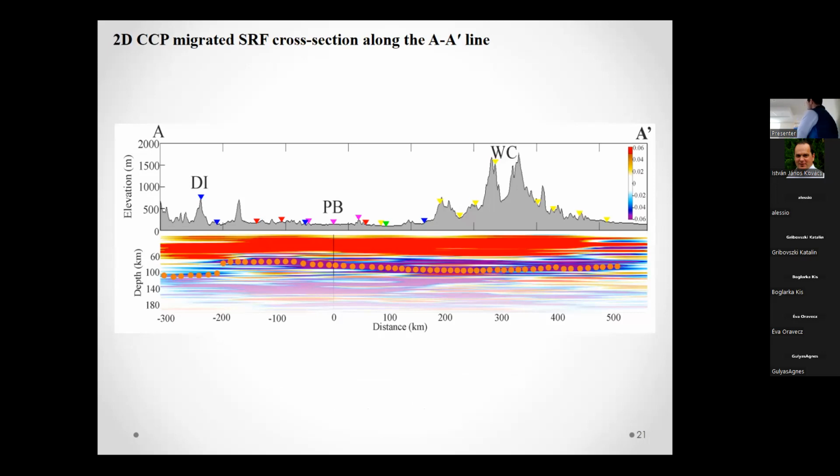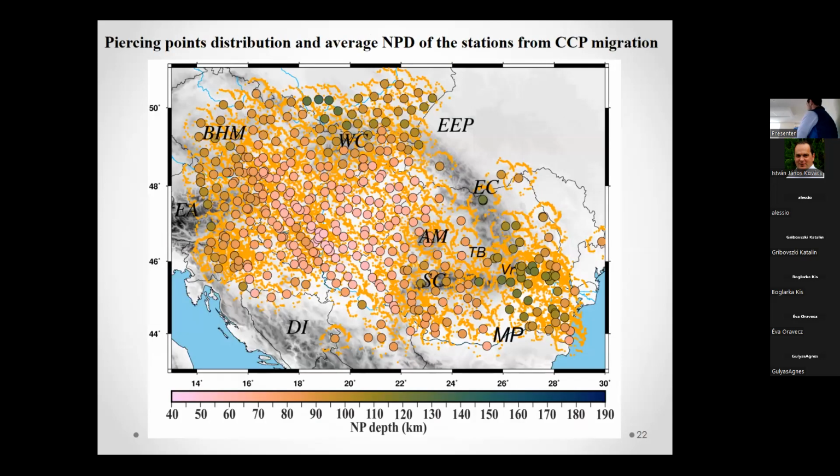And this is the cross-section from the diagonal of the Western Carpathians. So in this case, we defined a lot of cross-sections and we migrated the receiver function beneath the sections. And you can see the interpreted negative phase depth of the receiver function here. And this shows the piercing point of the orange dot.